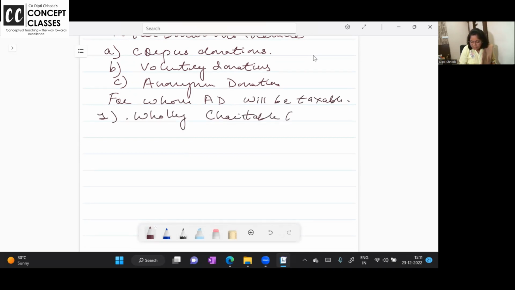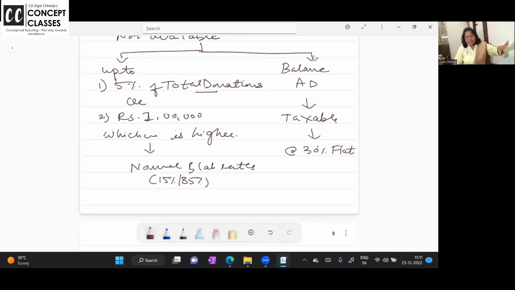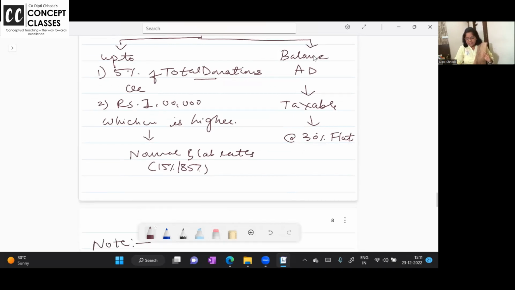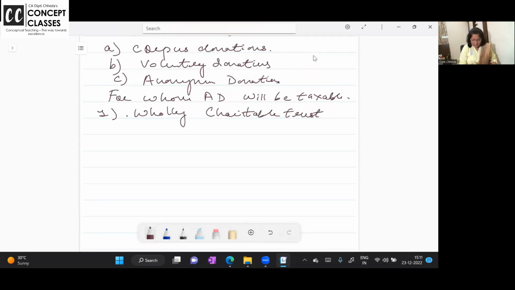You know what charitable trusts are? Mostly hospitals and schools, colleges and all, they are run by trusts. So if they are receiving anonymous donations, 5% of the total donations or up to 1 lakh is taxable at the slab rate. Remaining is taxable at the flat rate. For whom? Wholly charitable trust.